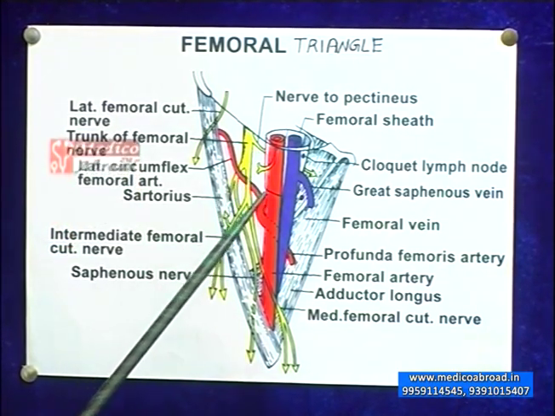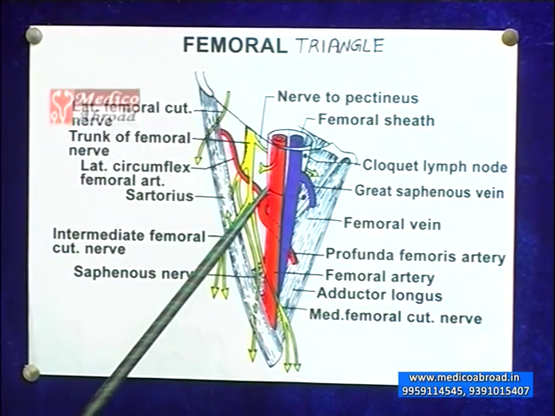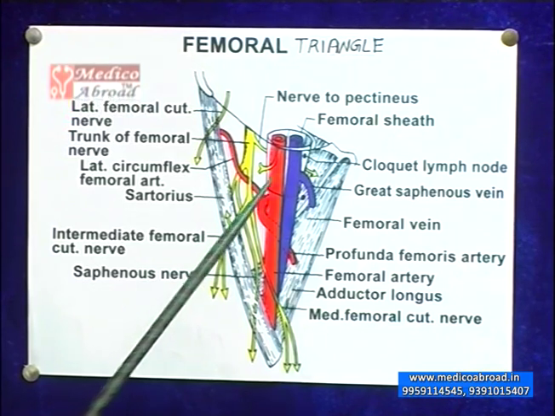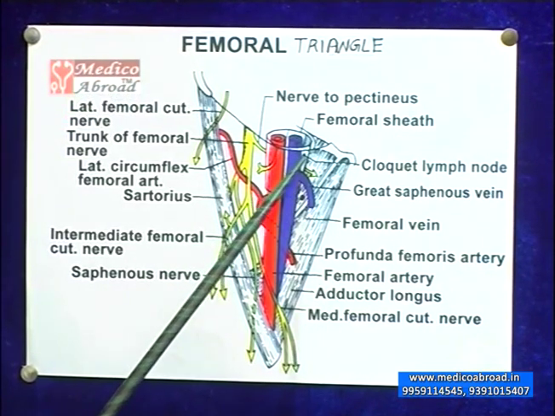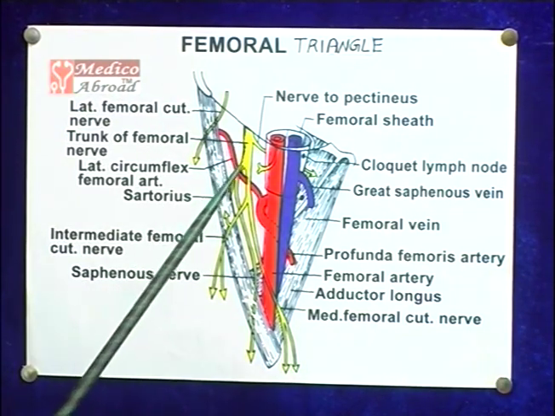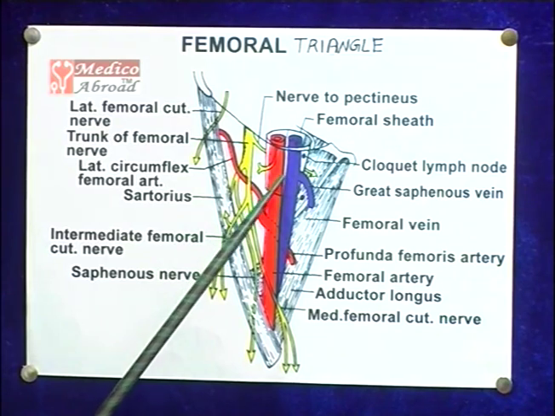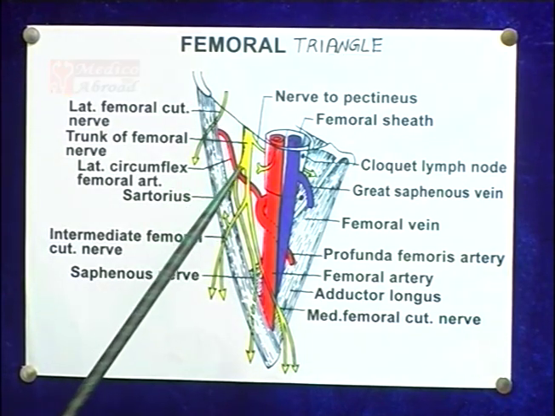This is a fibrous sheath which extends 3 to 4 centimeters in the upper part of the femoral triangle. The nerve of Cloquet is present inside the femoral sheath. Important to notice that the femoral nerve is not a part of the femoral sheath, but it is present outside the femoral sheath in the femoral triangle.